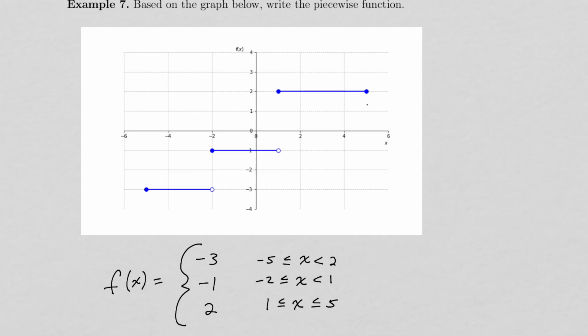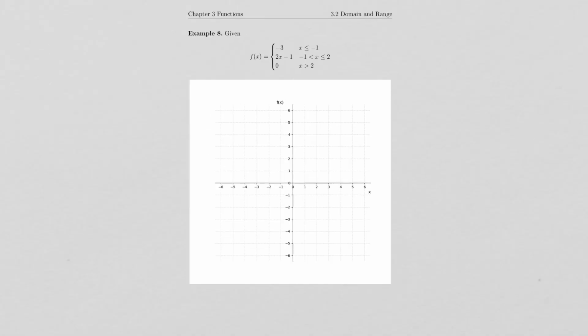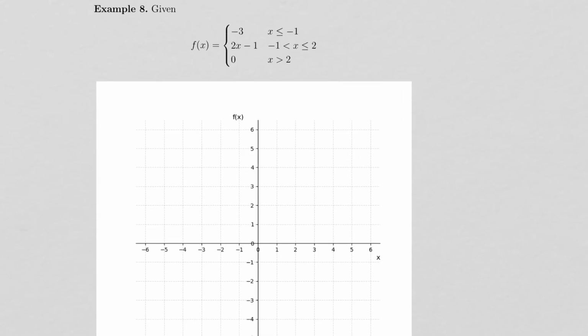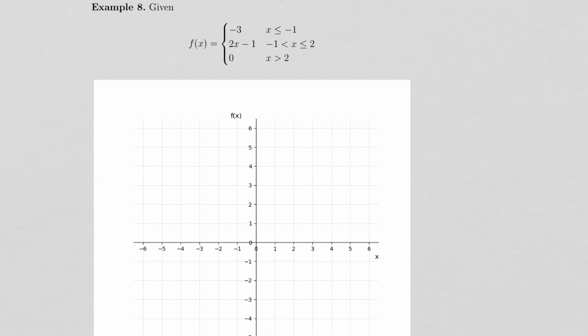And then we can also do this the other way. Let's say we're given the function and we want to draw the graph. Okay, so in this case, right, we're told f of x equals negative 3. It's a constant function if x is less than or equal to negative 1.